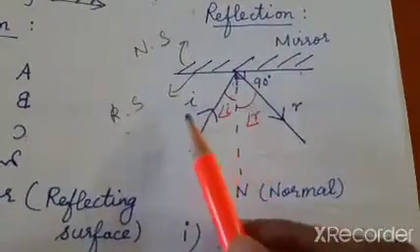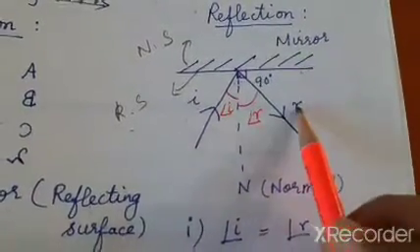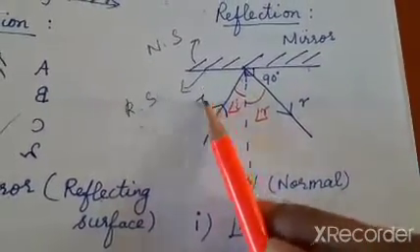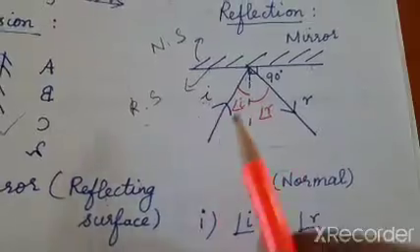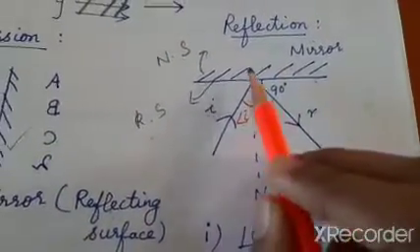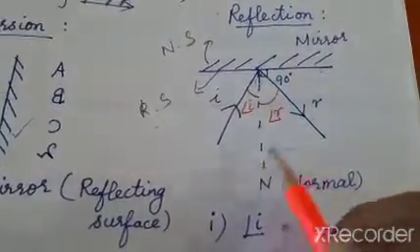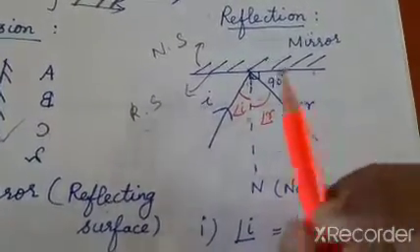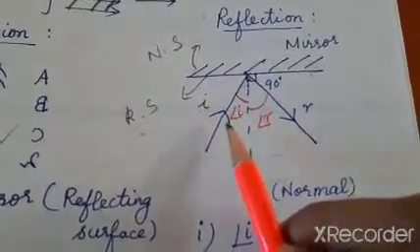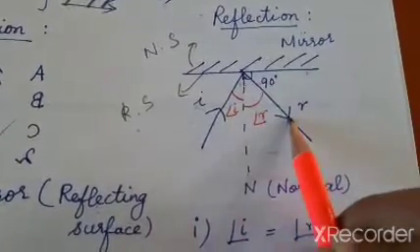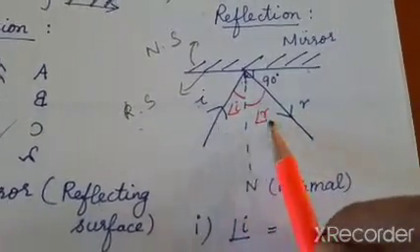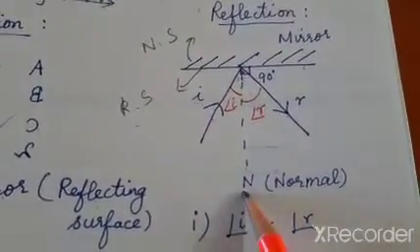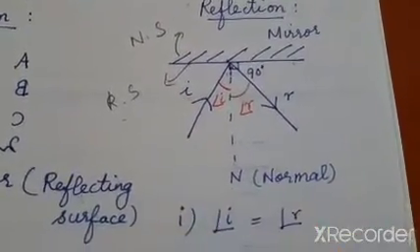So the reflected ray is denoted as small r. The incident ray is denoted as small i. When I draw a straight line perpendicular to the reflecting surface, it bisects the incident ray and reflected ray at equal angles. That is called your normal.